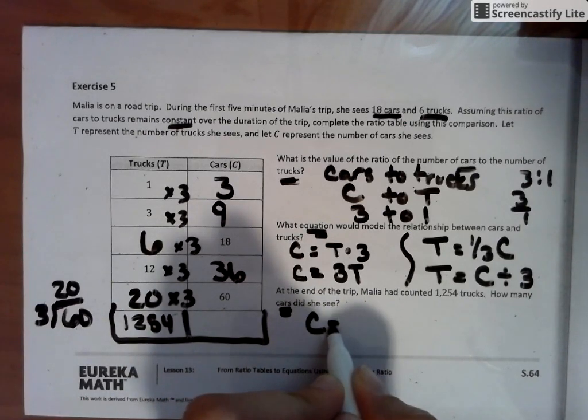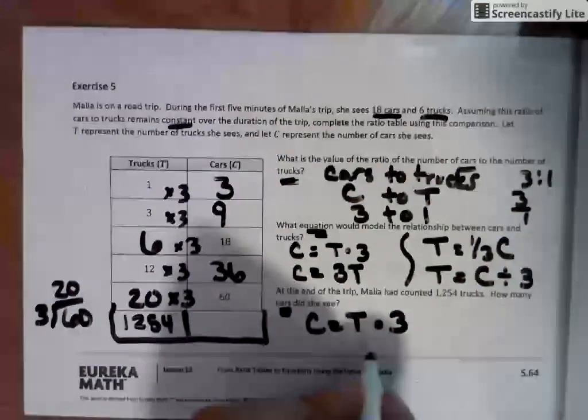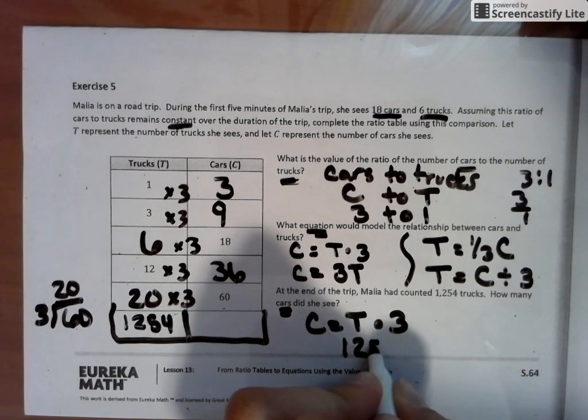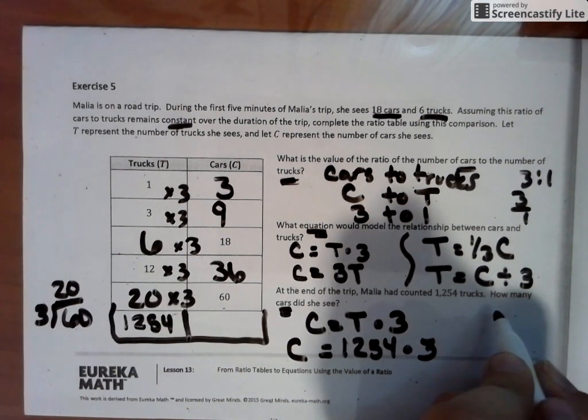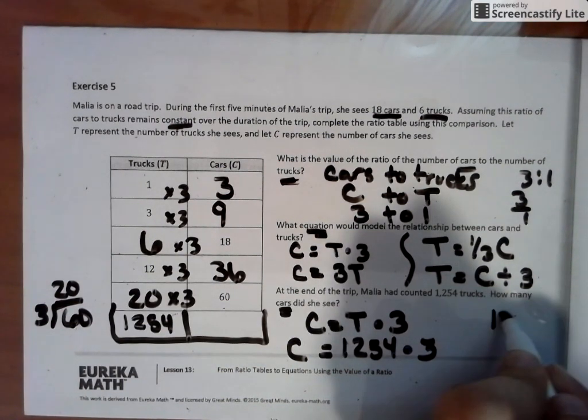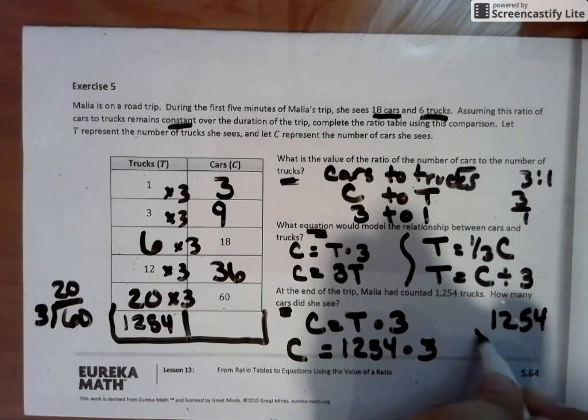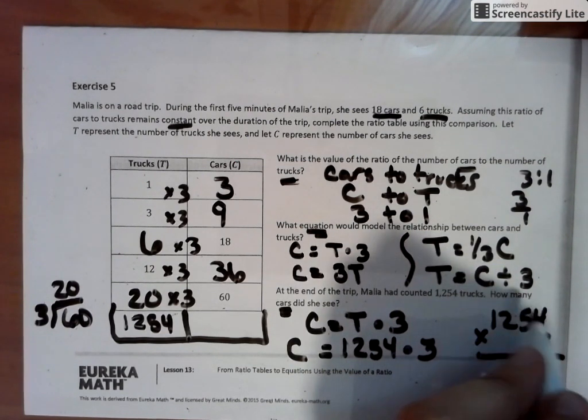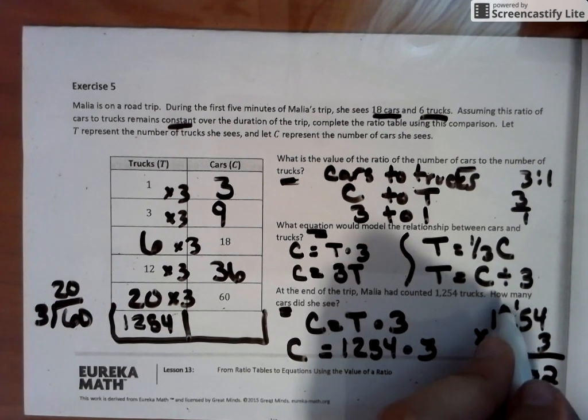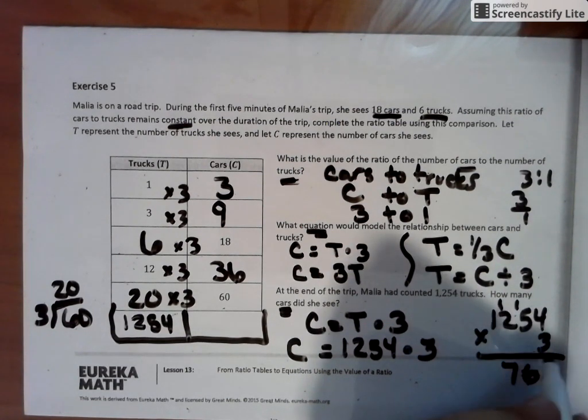So if we extend our chart, which is totally a great thing in math, it's just another way of looking at it. We can take the equation. We have the truck value. We want to know how many cars. So we could say, let's find the cars, and let's take our formula. Trucks times 3. So we know the trucks, which is 1,254. And if we multiply that by 3, we will get the number of cars that she saw.